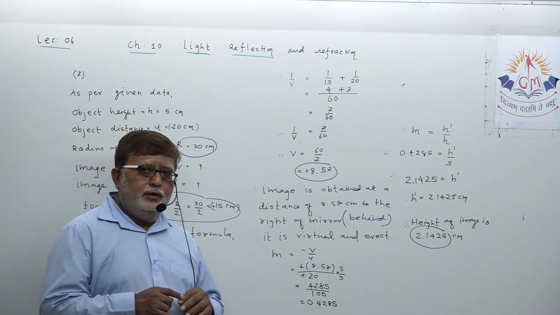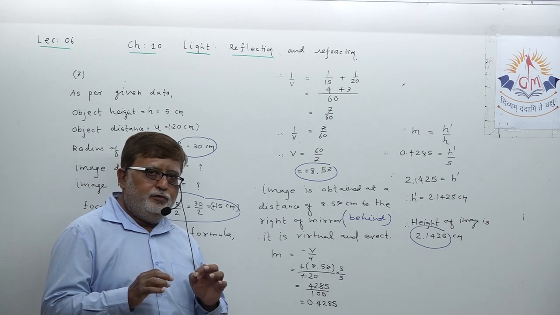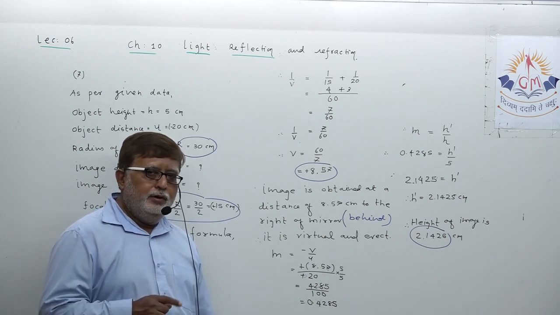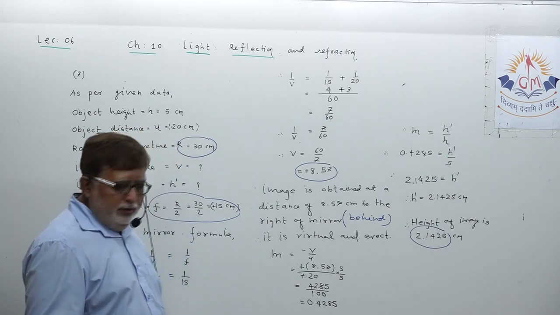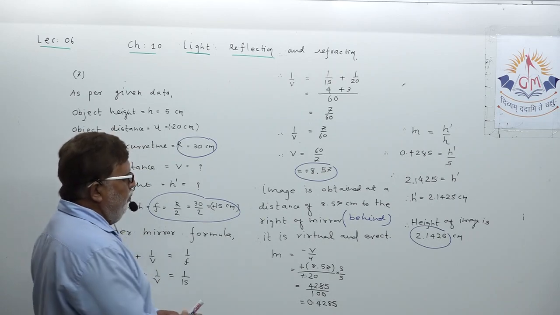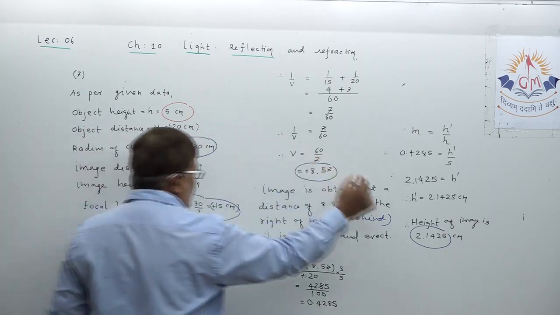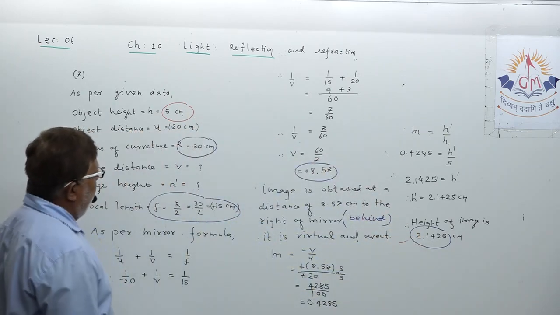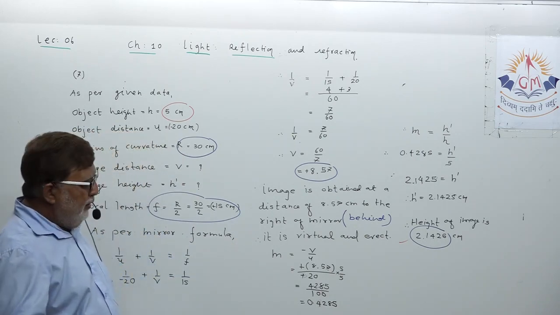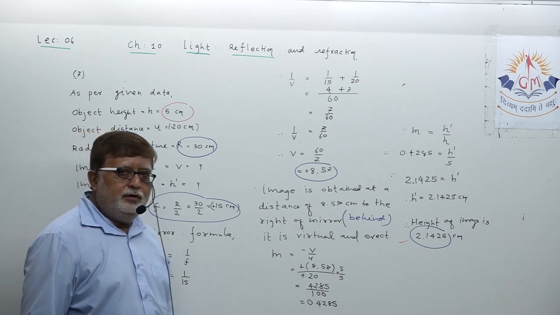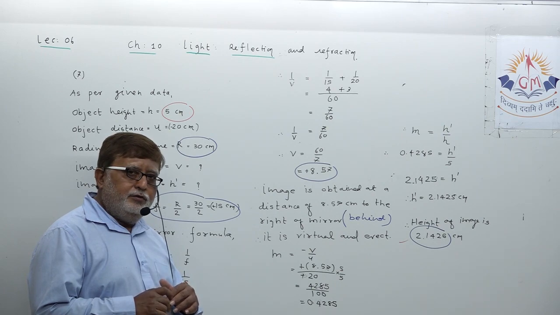First, virtual, erect and highly diminished, point like. Second, virtual, erect and smaller. So dear student, can you verify one important fact here? This was the object height and this is the image height. Can you compare? Object height is 5 centimeter, image height is just around 2 centimeter. That means the image is virtual, erect and smaller.